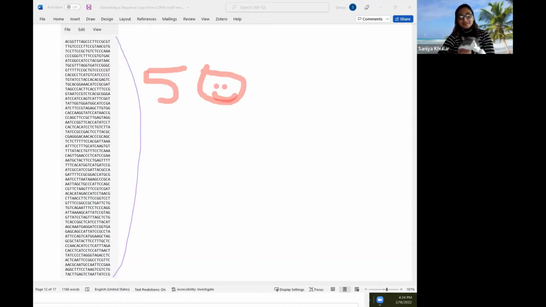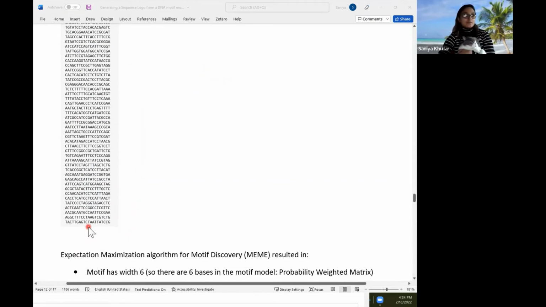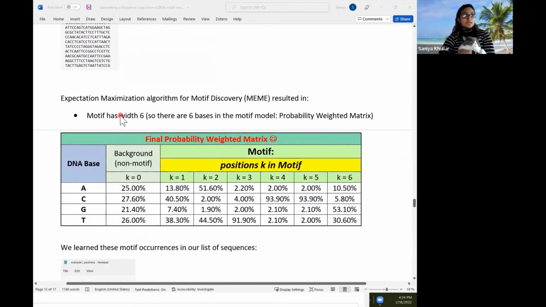So we're going to end up having motif occurrences for all 50 sequences. We're going to use the expectation maximization approach to find the optimal model. So the expectation maximization algorithm for motif discovery, MEME, resulted in this probability weighted matrix, our final model. And the motif has width 6, so there are 6 bases in the motif model in this probability weighted matrix, this PWM here. This is our PWM.